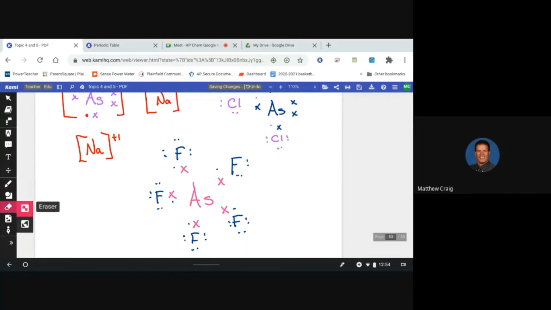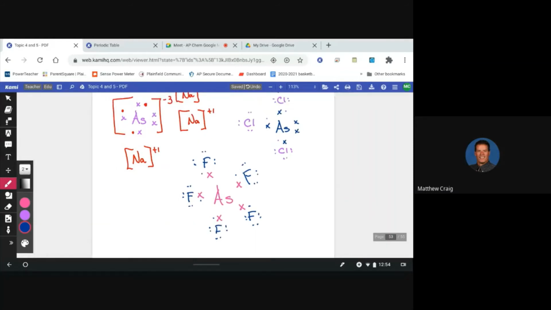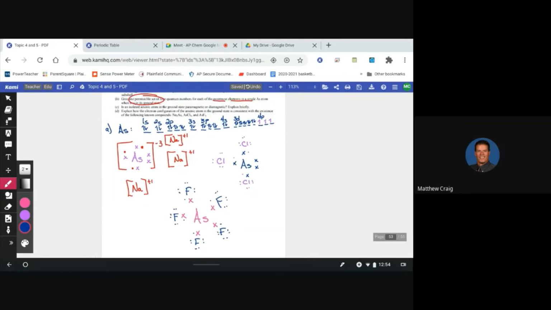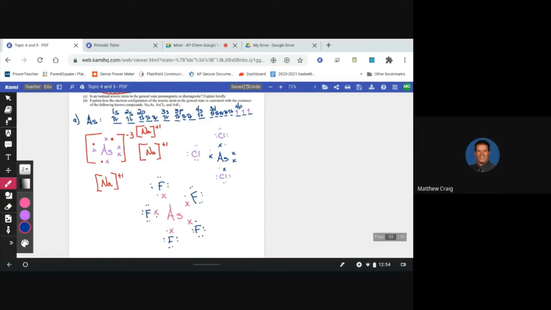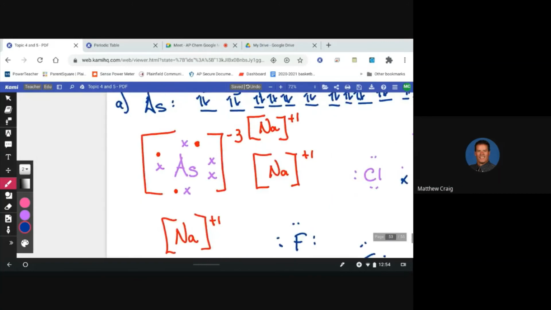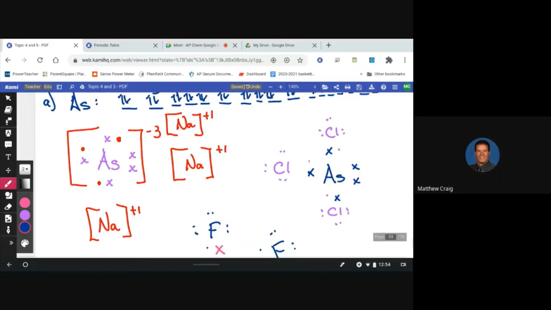Let's clean this up a little. It says explain how the electron configuration of arsenic in the ground state is consistent with the existence of the following known compounds. Alice said it well. The sodiums each bring 1 electron.